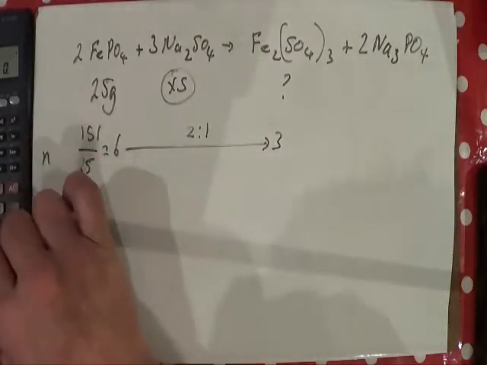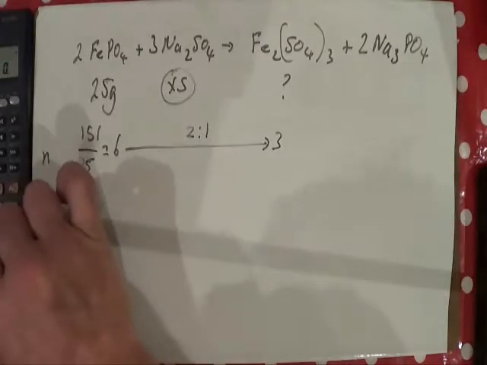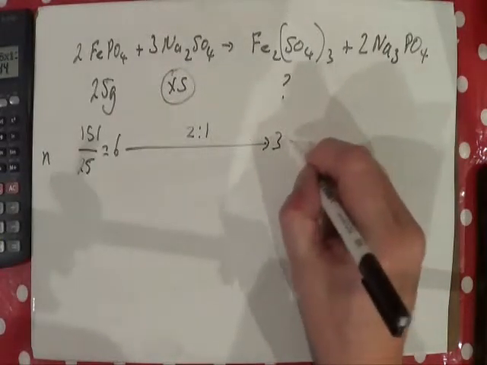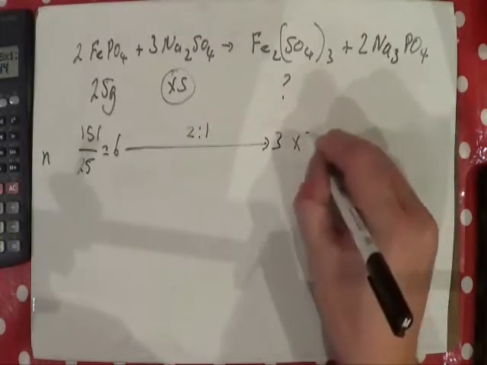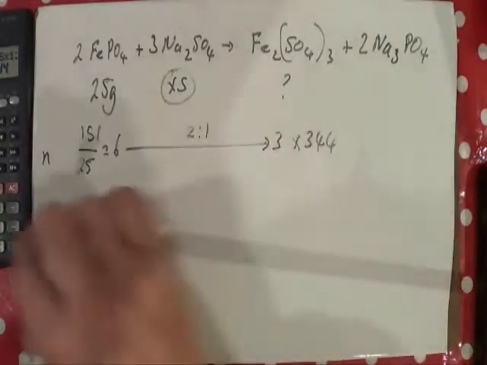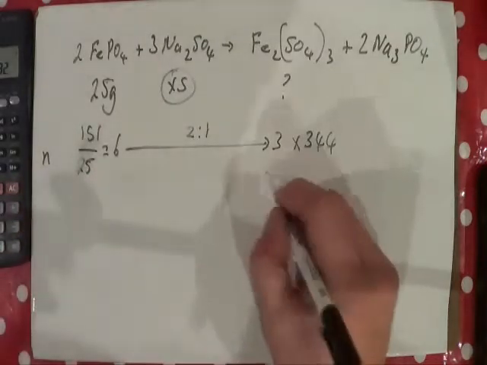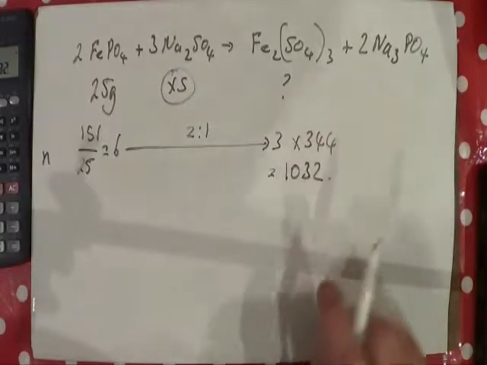And we need to find out the RFM of this. So that's 344. So we've 3 moles of it multiplied by 344.